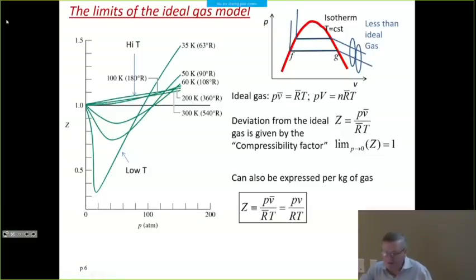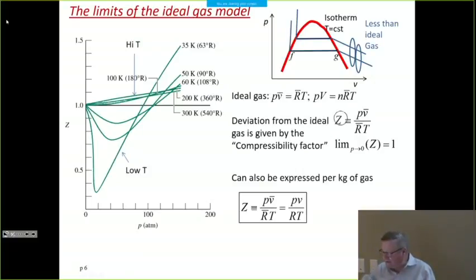And of course, in the limit of low pressure, that converges onto 1. This is the ideal gas right here. But experimentally, you see that while at high T you have small deviations from the ideal gas, at lower temperatures you can have quite dramatic deviations from the ideal gas, maybe a factor of 2 or 3 here.